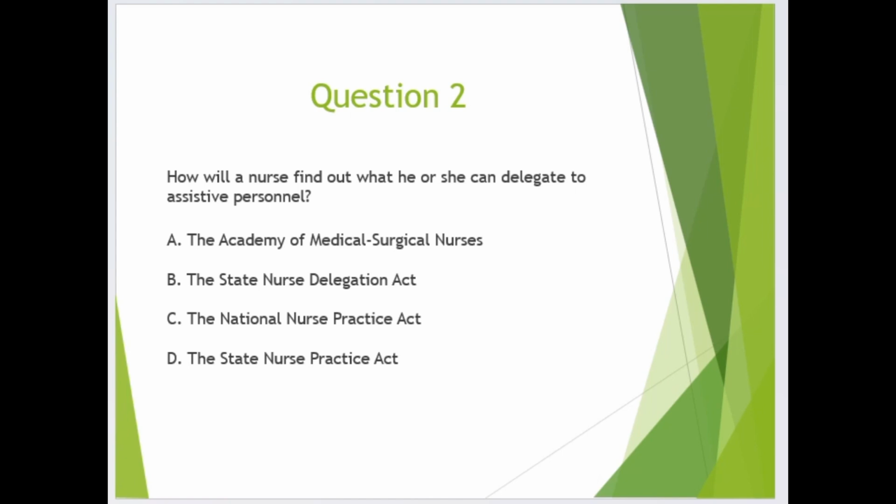Now remember, it's the State Nurse Practice Act. If you wanted to pick the National Nurse Practice Act, it wouldn't be the right one because nurse practice acts are according to individual states. There's not a national one, not one for the entire nation. Each state has their own, so it's the State Nurse Practice Act.